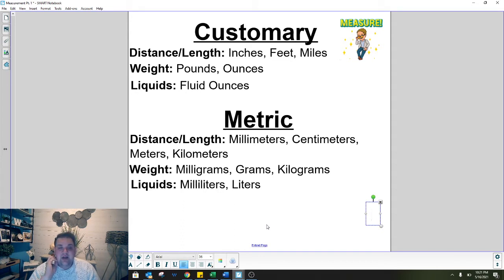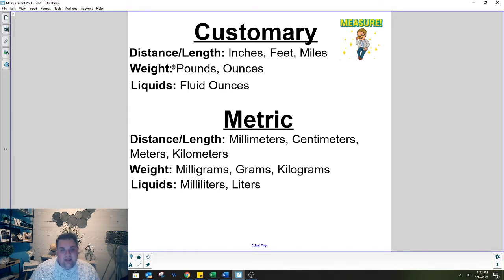As we talked about last week, customary units are used primarily in the United States, and metric units are used all throughout the world. So it's important for us to be able to understand both of these different units of measurement. As we think about customary, distance and length is measured by inches, feet, and miles. But in metric units, you'll hear words like millimeters, centimeters, meters, and kilometers to measure length and distance.